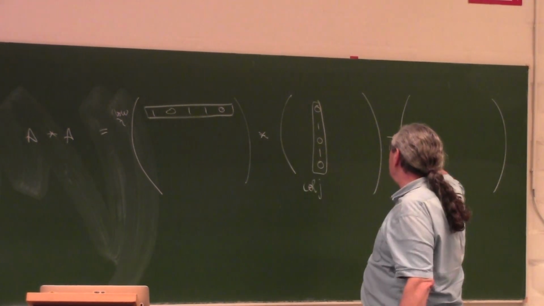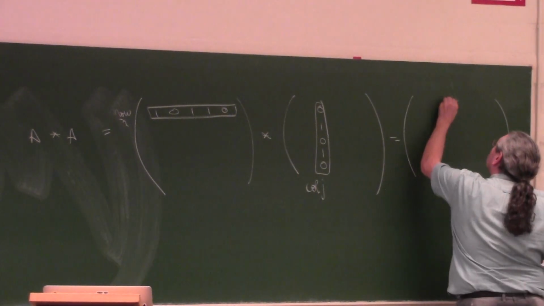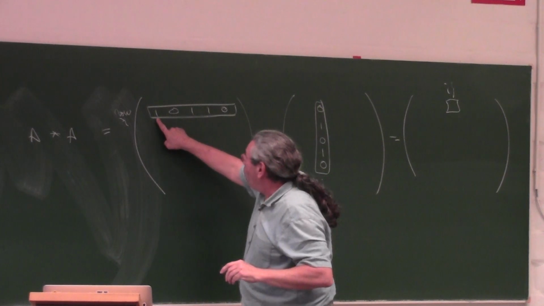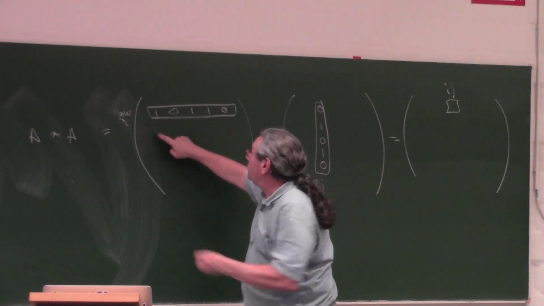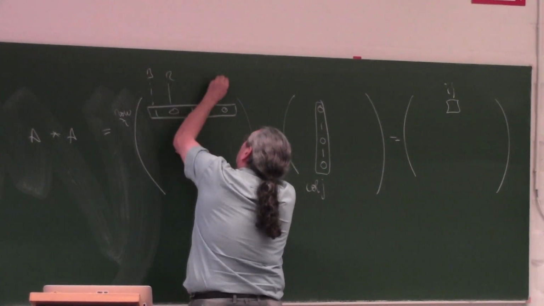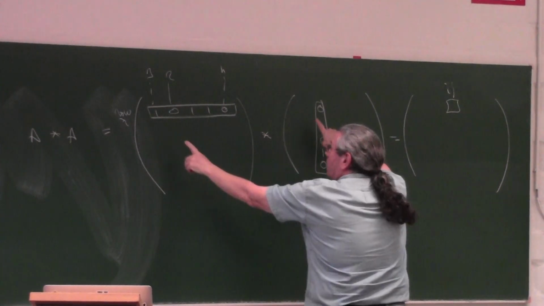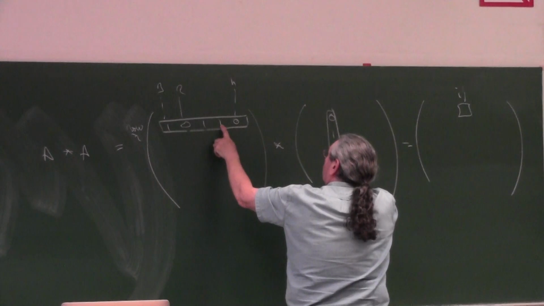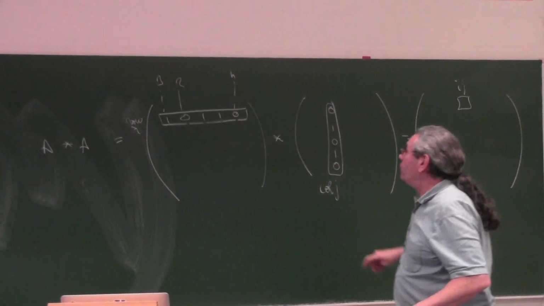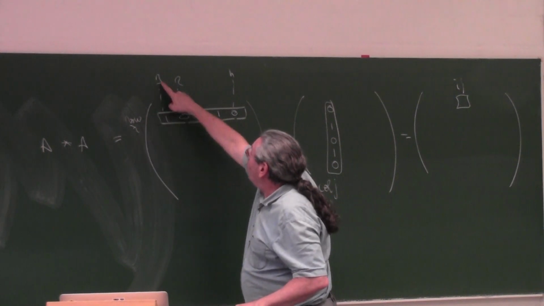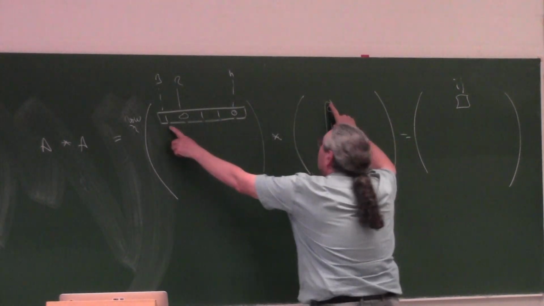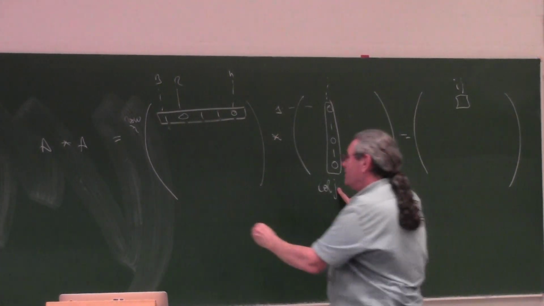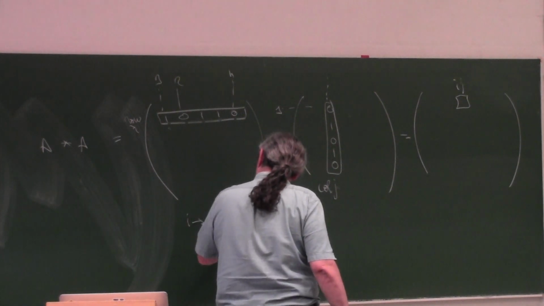This will give me element ij. So how does it work? The one means you have one hop, from i to 1, etc. So how does the multiplication work? 1 times 0 plus 0 times 1 plus 1 times 0 plus 1 times 1. Well, what does that mean in terms of hops? Here I'm going from i to 1, and here I'm going from 1 to j. You see that? So I go from i to 1 and then from 1 to j.